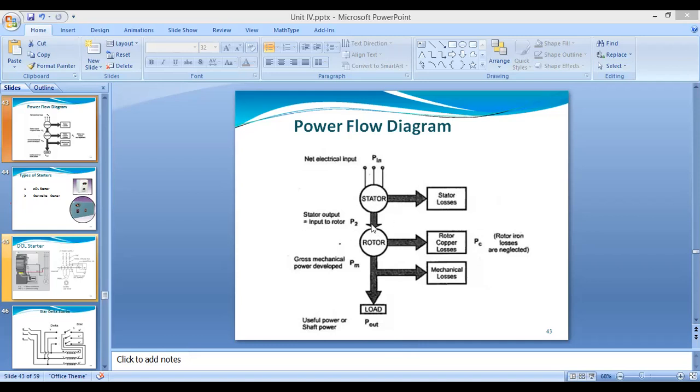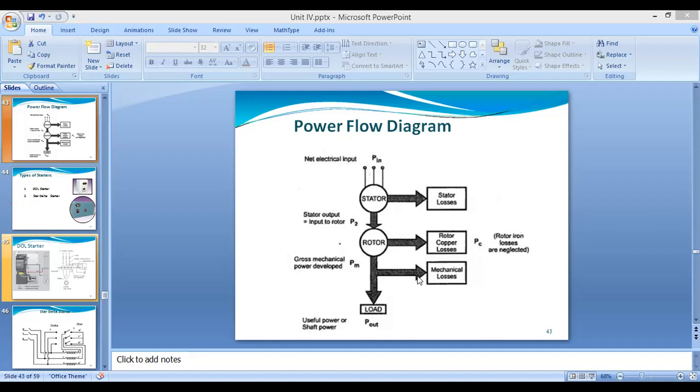Again, when we give input to the rotor, some goes to the rotor copper losses, because we are neglecting iron losses, and some goes to the mechanical power developed at the output of the rotor. Again, it is divided into the motor output, which we get at the shaft of the motor, and some goes to the mechanical losses.